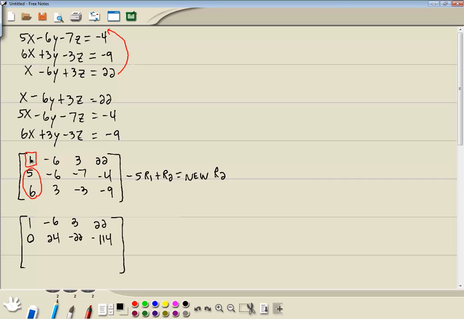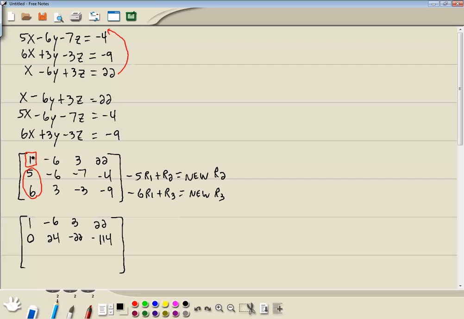Now I'm going to ask myself, what do I multiply times the 1 that I can then add to the 6 to get a 0 here? And it's always the opposite number, like I say, so it's -6 times row 1, and then we'll add that to row 3, and that's going to give us our new row 3.